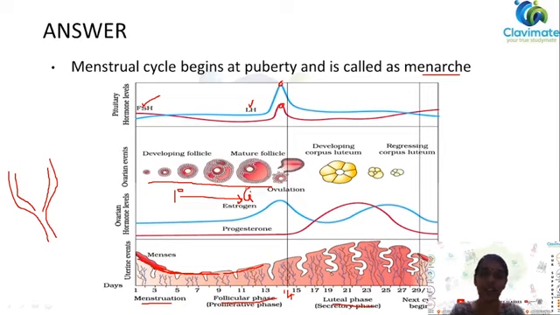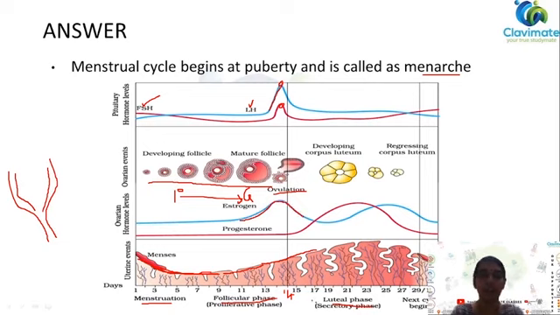This rise happens because of ovulation. When ovulation occurs, follicle stimulating hormone and luteinizing hormone increase in activity. There is endometrium development, which is also aided by estrogen levels.